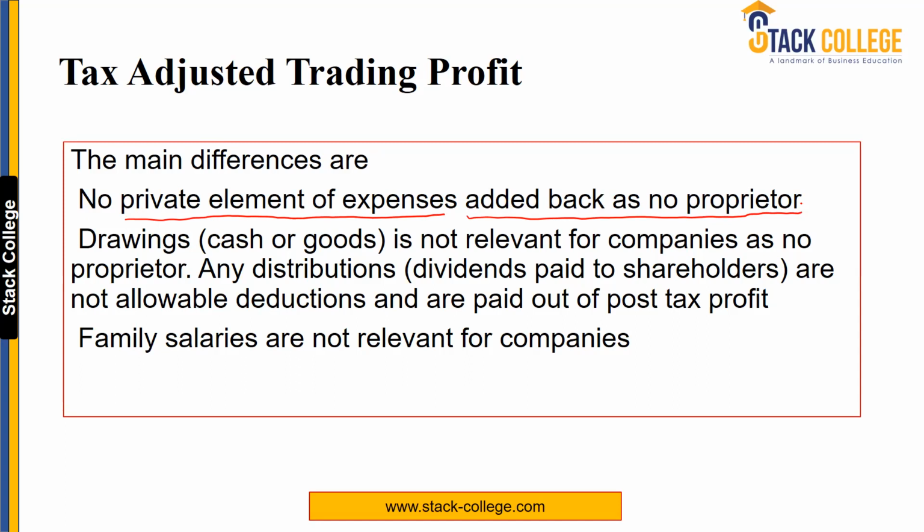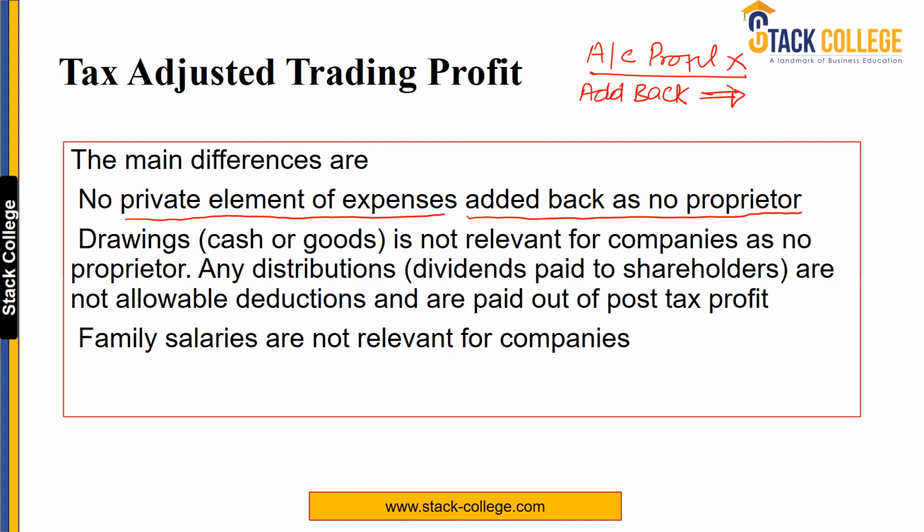Like we do in the case of income tax computation, we take accounting profit, then we adjust this accounting profit through the expenses which are disallowed. So if there is any private element by the owner, then we add back all the private element. But in case of a corporation, there is no such thing called private element of expense.